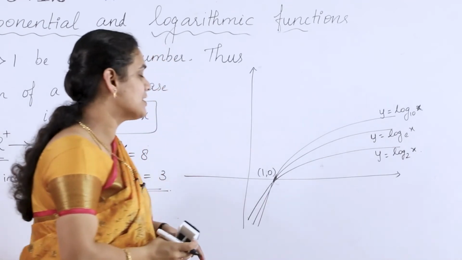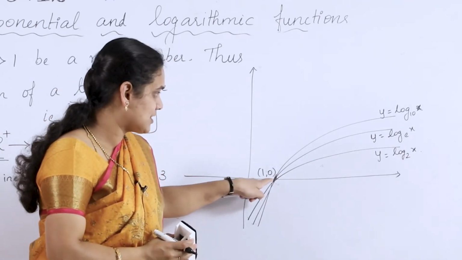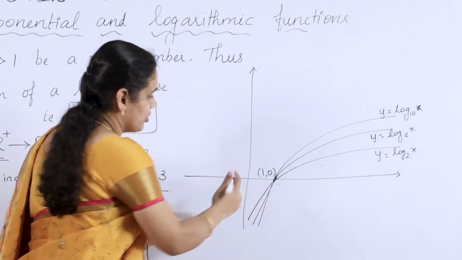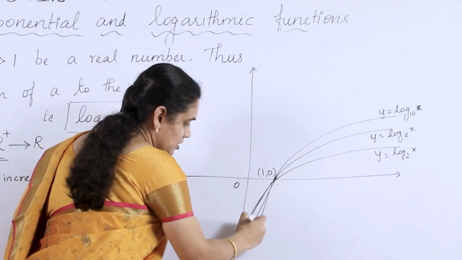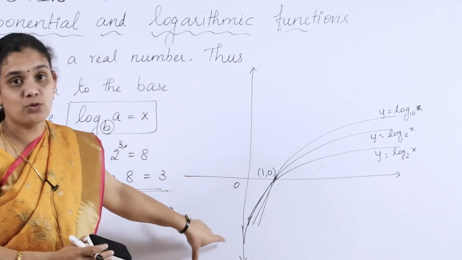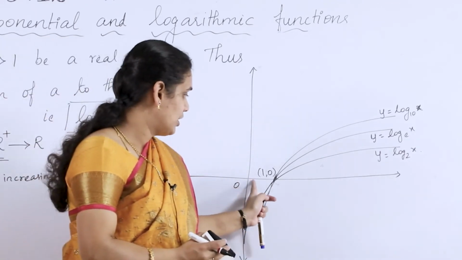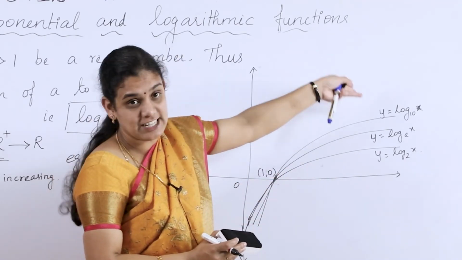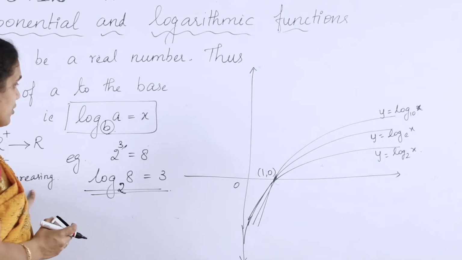When we take x nearer to 0, the origin, the graph tries to meet the y-axis, but it never meets the y-axis. And if we increase the value of x, the graph gets steeper. That means it is increasing. Therefore, we say that it is ever increasing.